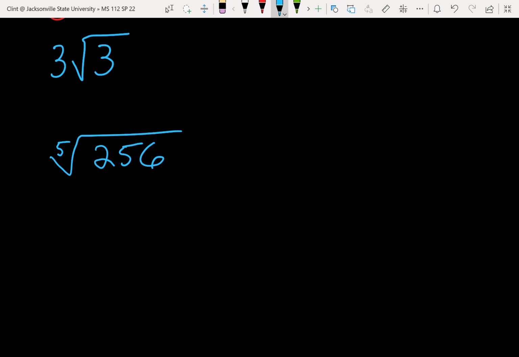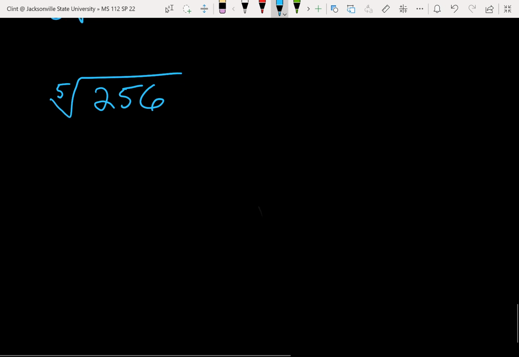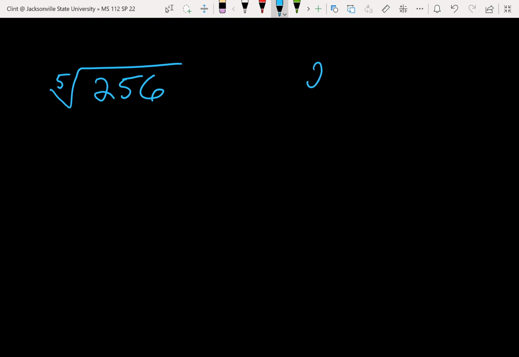Like a fifth root of 256. So what we're looking for in order to be able to bring a factor out front, we need to see if we have any factors that we have 5 of. So we can take 256, do our little factor tree.